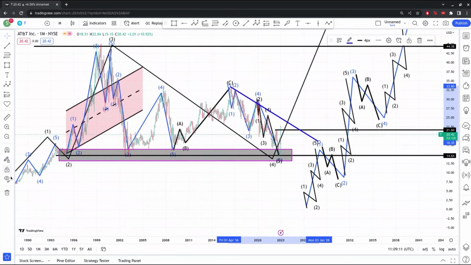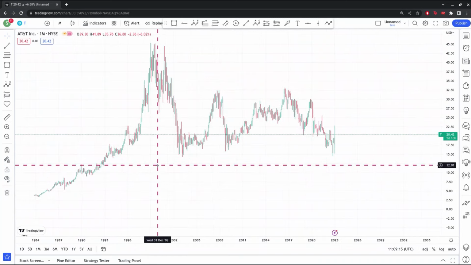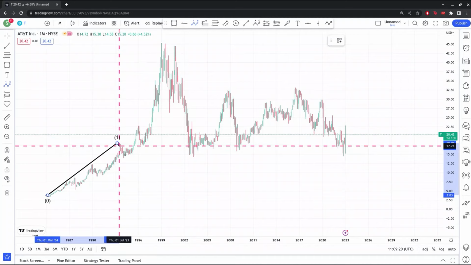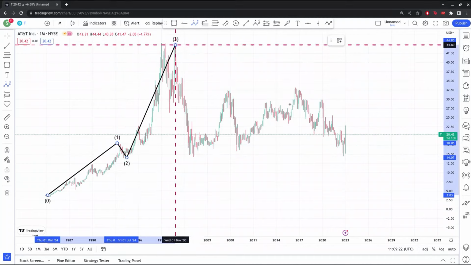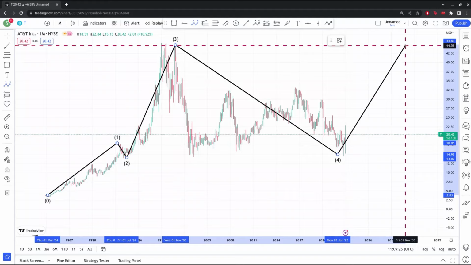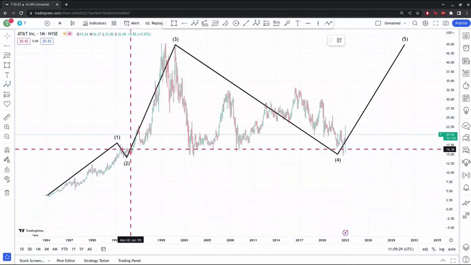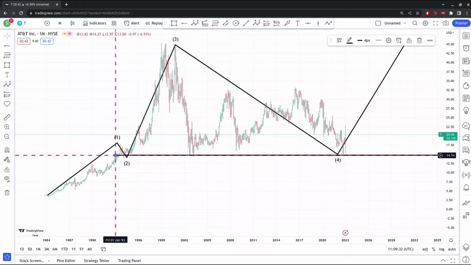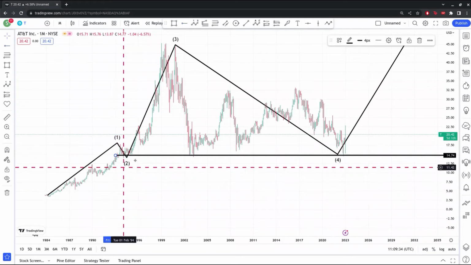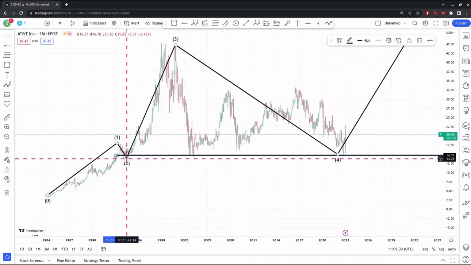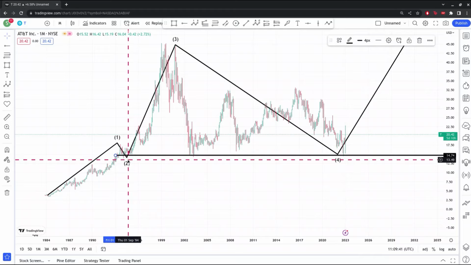So in summary of my analysis, I said this is the first wave, second wave, third wave, the fourth wave, and the fifth wave. And we should expect a form of support around this area of demand, because this is an area of liquidity in the market, and you have open sell positions placed by institutional traders that they have to close.